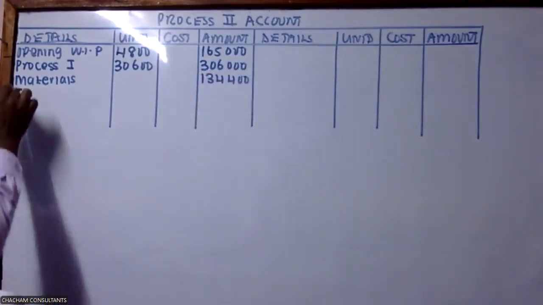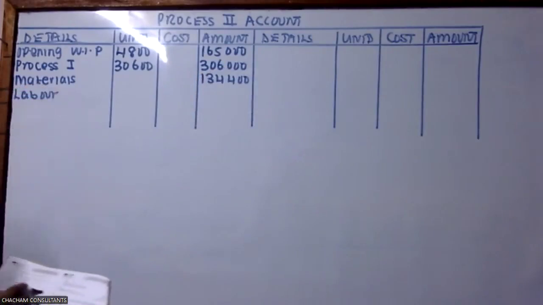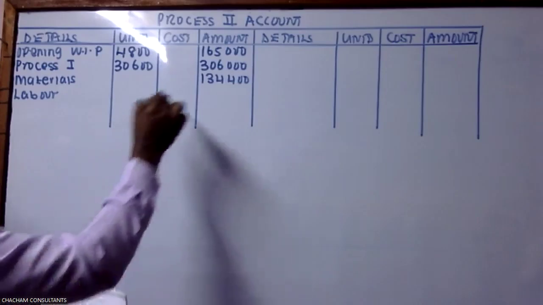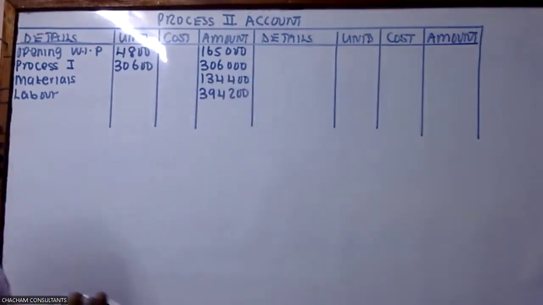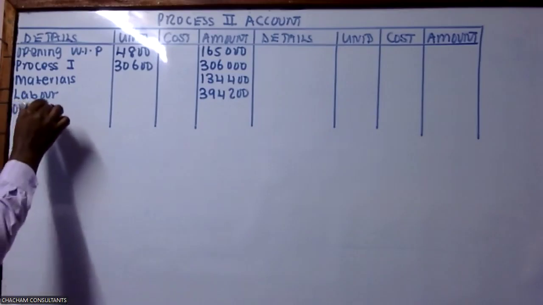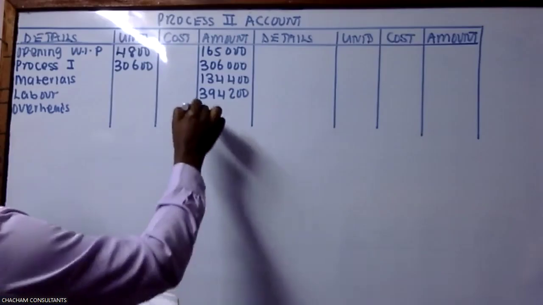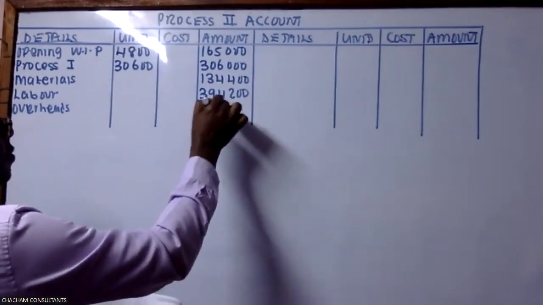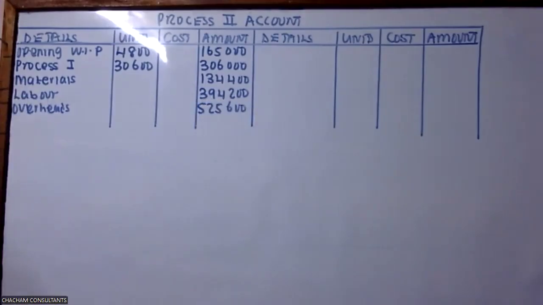We have labor, 394,200. We have overheads, 525,600.